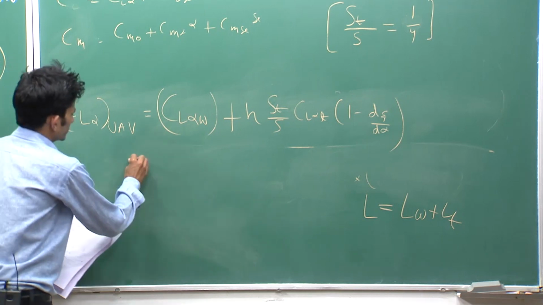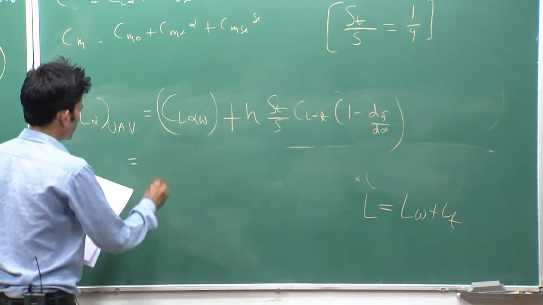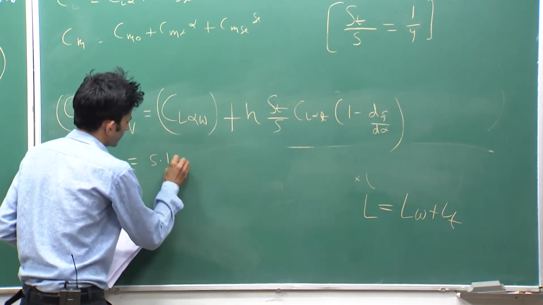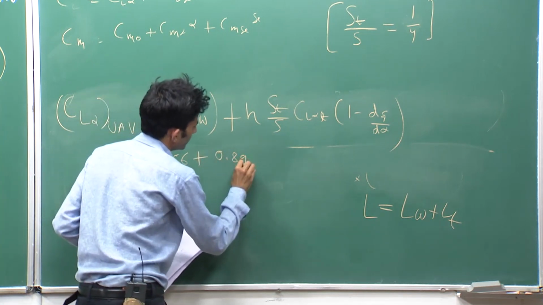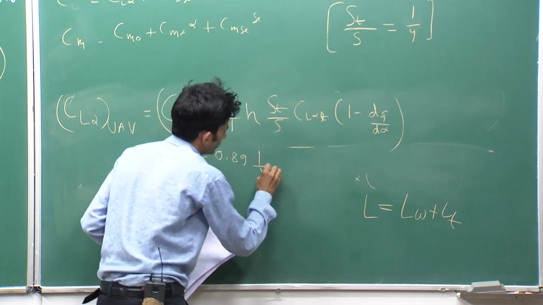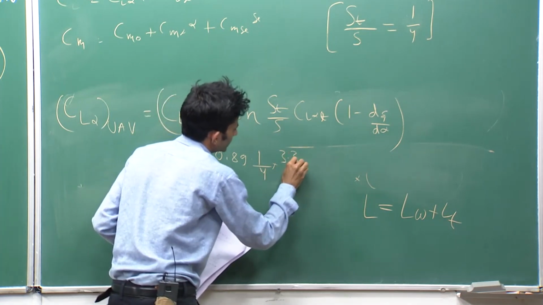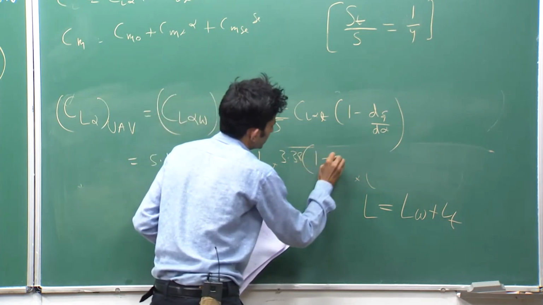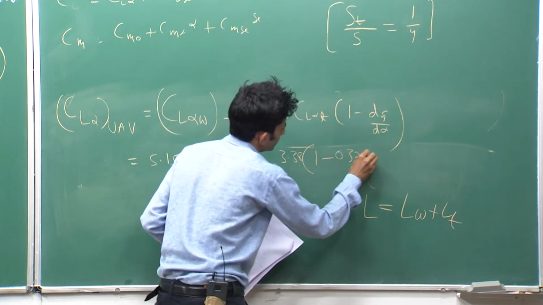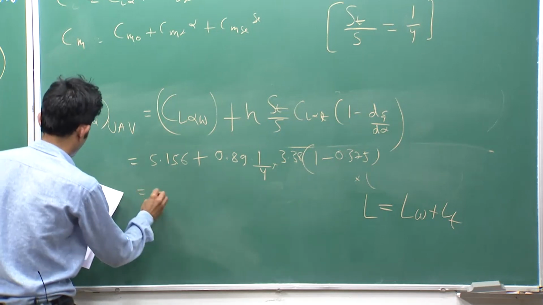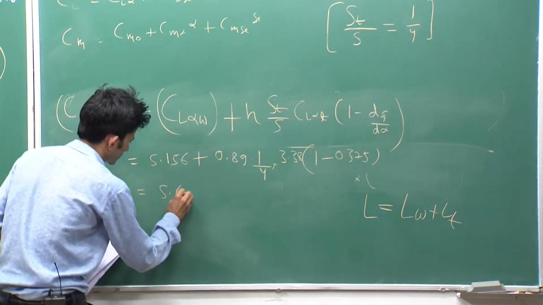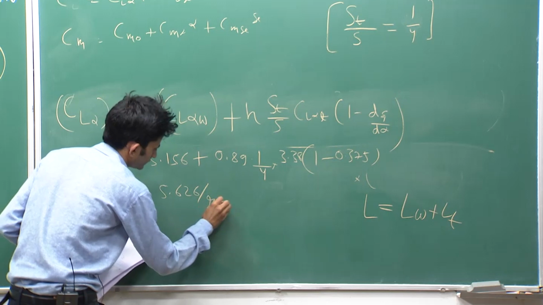So CL alpha of the wing is given 5.156 plus eta is given 0.89 and ST by S is given 1/4, CL alpha of the tail is given 3.38 into 1 minus 0.375, which is dou epsilon by dou alpha. So here you will get 5.626 per radian.